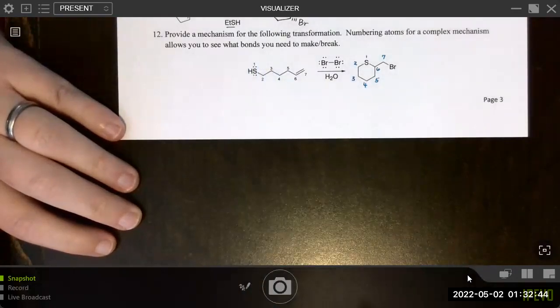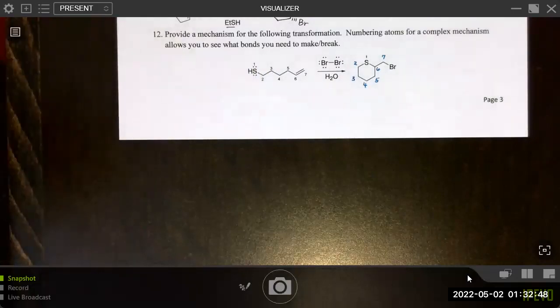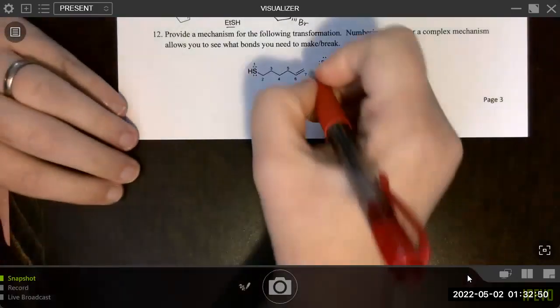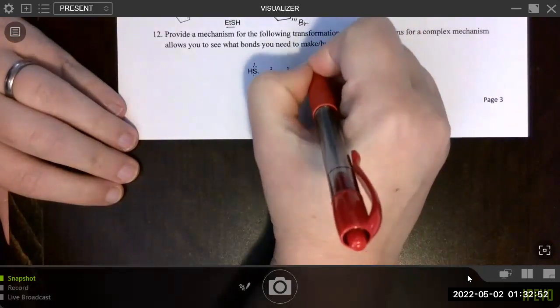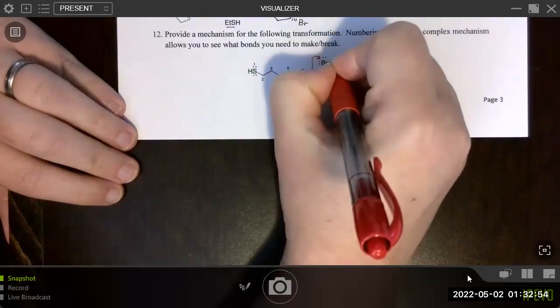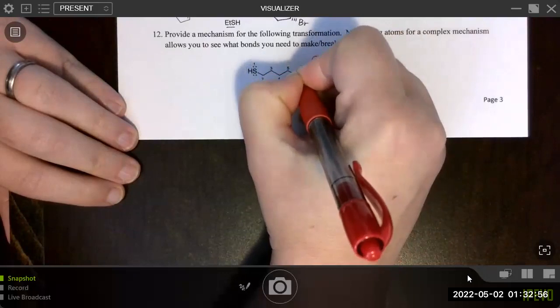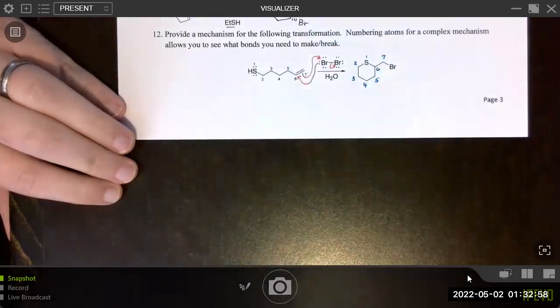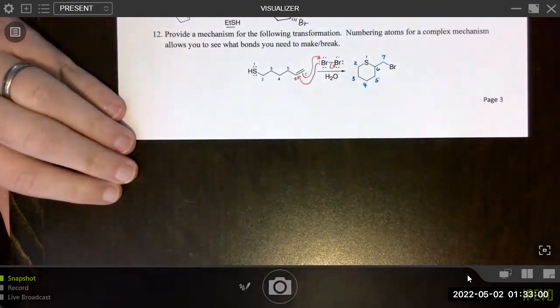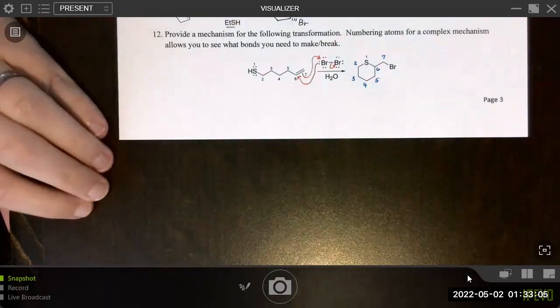So let's go ahead and draw in the formation of the bromonium ion. So the pi bond attacks, loss of a leaving group, and then lone pair on bromine forms a bond to the more substituted carbon. So all of that's happening in one step.